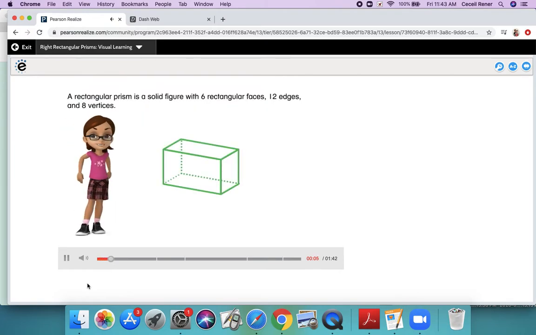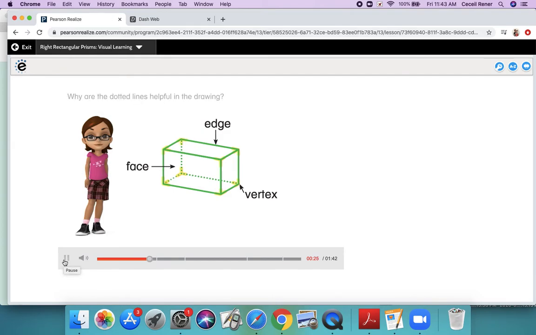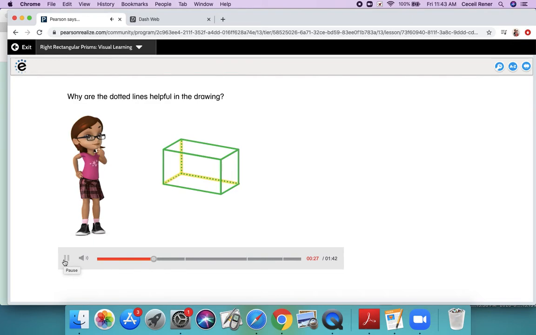A rectangular prism is a solid figure with 6 rectangular faces, 12 edges, and 8 vertices. Why are the dotted lines helpful in the drawing?